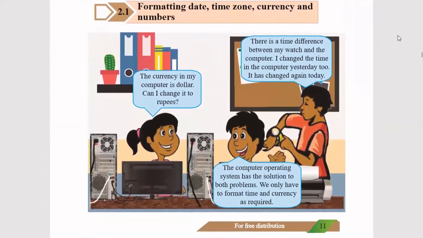In this first part, they are talking about how to format date, time zone, currency, and numbers, right? Hope you have some kind of understanding.